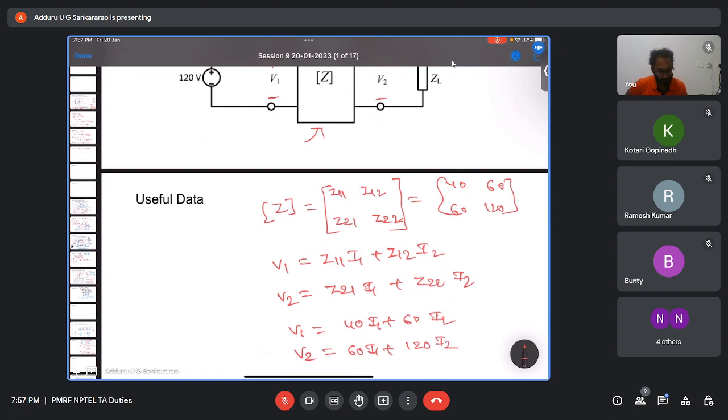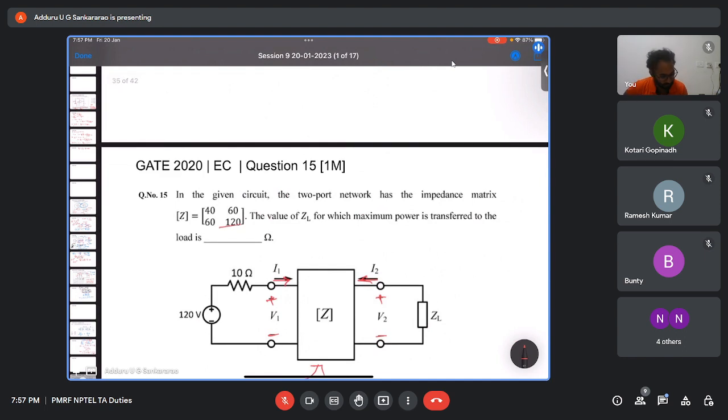Okay. Now what they are asking is the value of ZL for which the maximum power is transferred to the load. This is from the maximum power transfer theorem. I think you already know this.